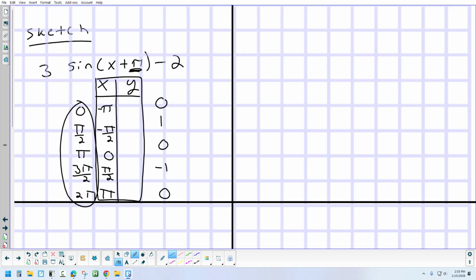All right, now the y's, both the 3 and the negative 2 are going to affect them. Which one do we do first? Yes, the 3. And what are we going to do with the 3? We're going to multiply all of our original y values by 3. And after we times them all by 3, what do we have to do? Subtract 2.